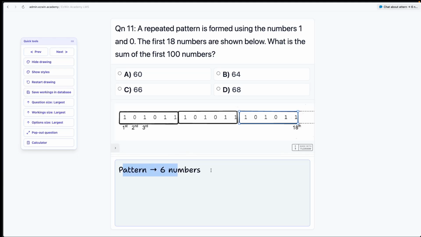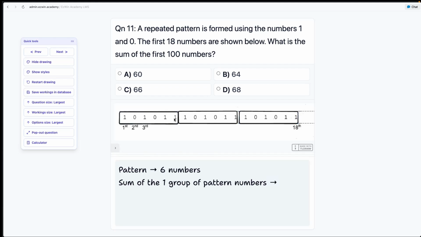So we know the pattern is 6 numbers, and the sum of one group of pattern numbers is equal to, and we can just manually calculate it.